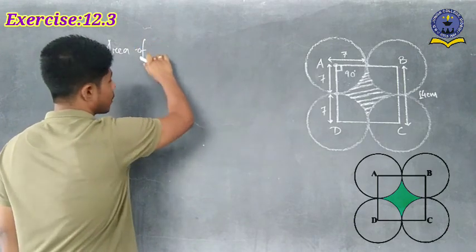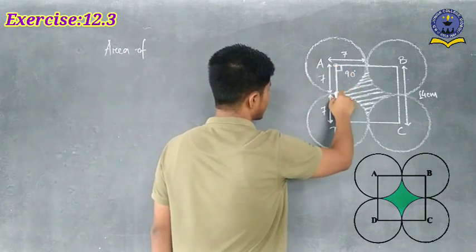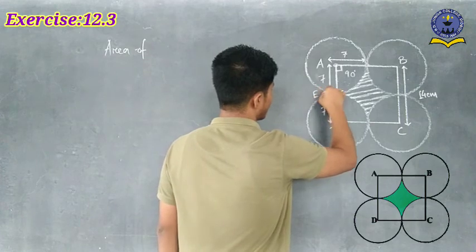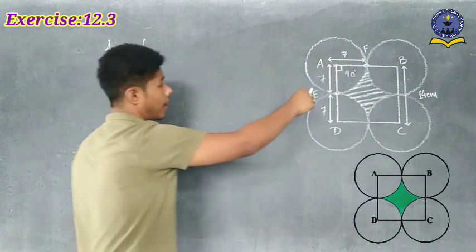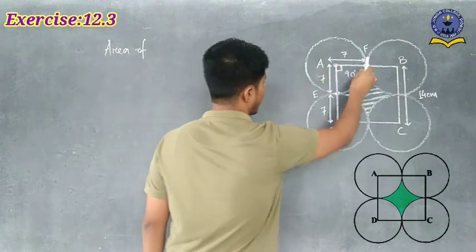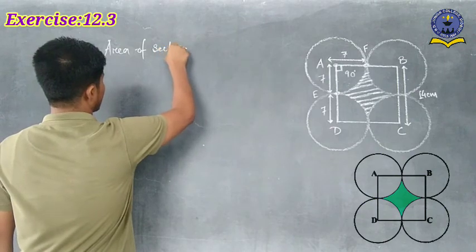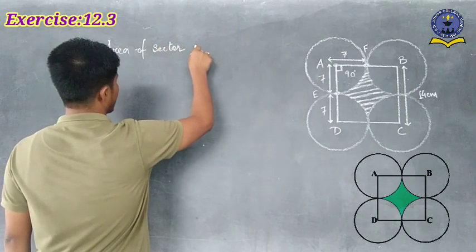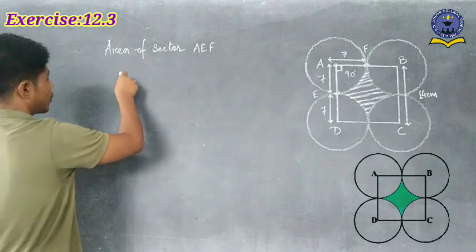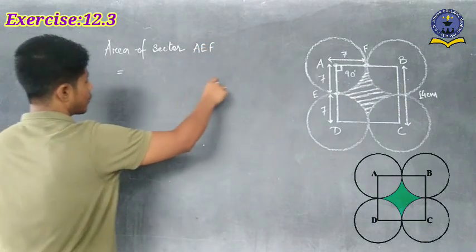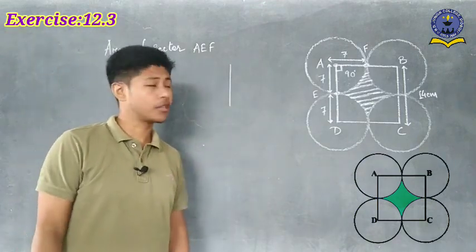If you name these points, already A is mentioned, suppose this one is E and this one is F. So area of sector AEF. The formula is theta by 360 into pi r square, isn't it?